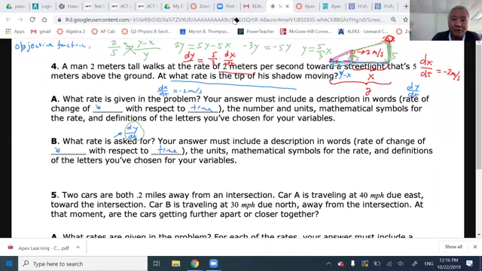Why do dy/dt? Because dy/dt means the distance between the tip of the shadow and the street light, y, changes with time. That's how fast, the rate of the distance change, right?